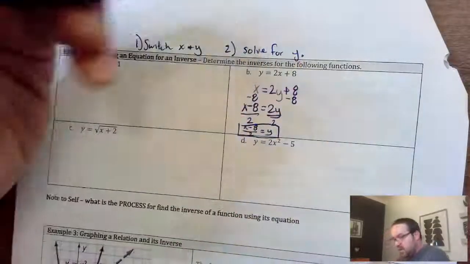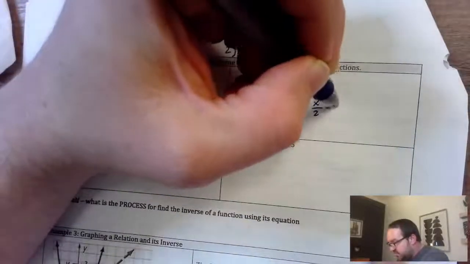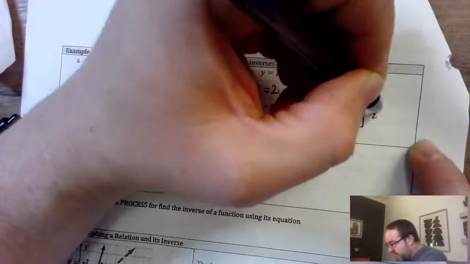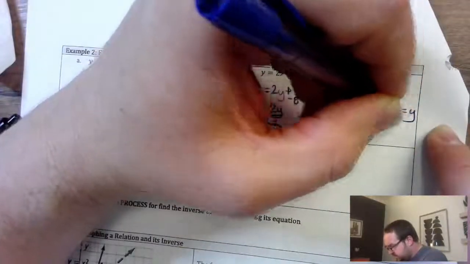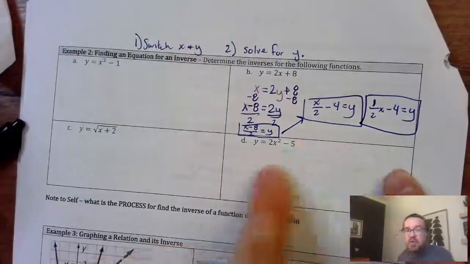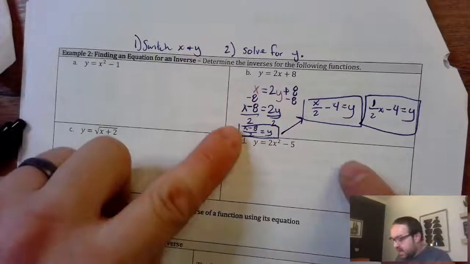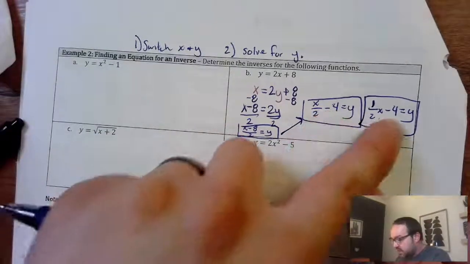Many different ways. You could write x over 2 minus 4 equals y. Perfect. You could write 1/2 x minus 4 equals y. All of these are just equivalent forms of this here. Notice it's x over 2 and 8 over 2. That's how that 4 is happening there.